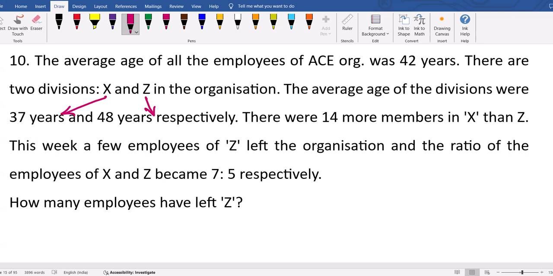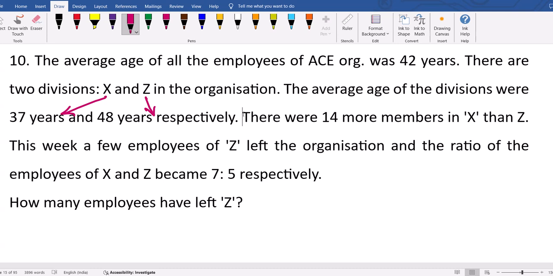Sir, see, this is an excellent question. Remaining all companies, guys, listen. They'll mention initially male and female, like male and female in a company is in 3:5 ratio or 5:3 ratio. After some time, some females left or some males left.